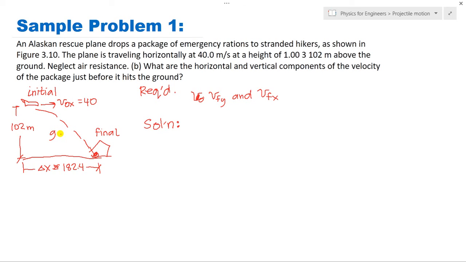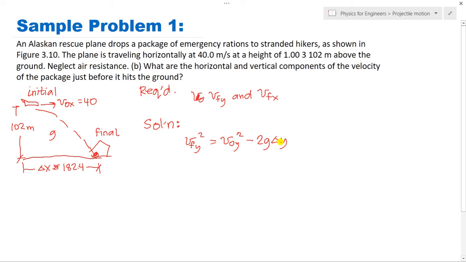So pipiliin natin na may final siya, then may initial, then may displacement. So therefore we can choose the third kinematic equation, which is: the final velocity along y squared is equal to the initial velocity along y squared minus 2g delta y.